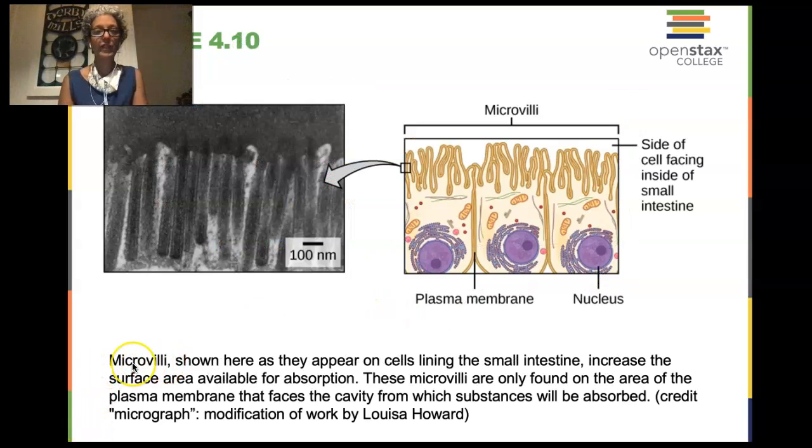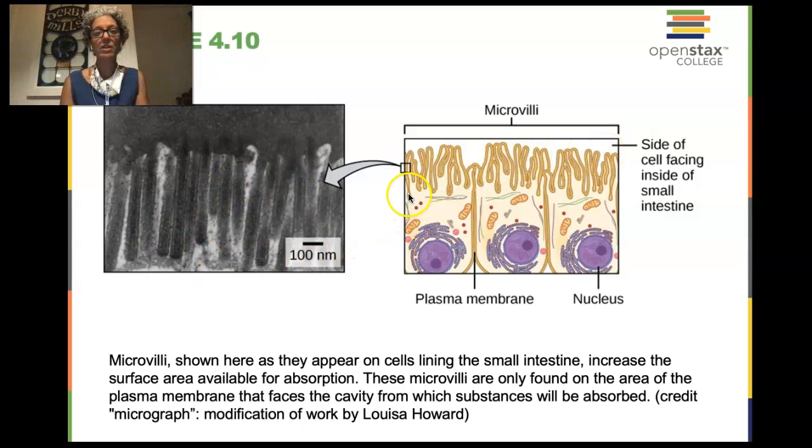Microvilli is what we talked about just now regarding how a cell can make its membrane wavy or curvy to increase its surface area. Microvilli means small villi, little hair-like projections. That's an electron micrograph, and a nice little cartoon.